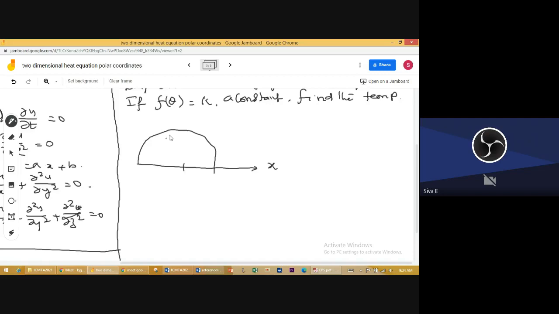Here you take any point P, r comma theta, and the radius A. Write the solution for this.